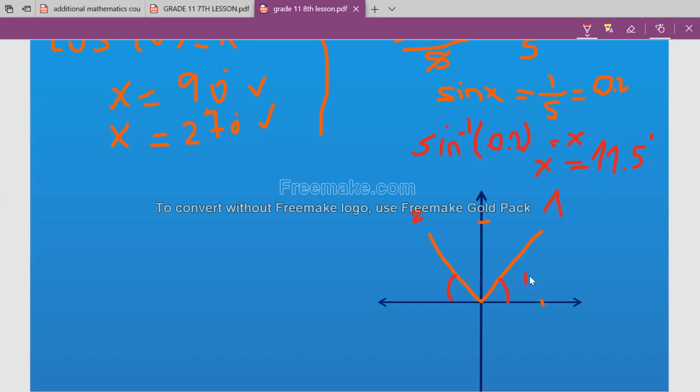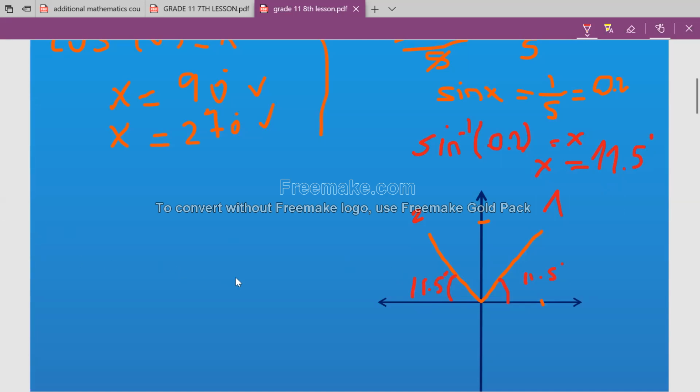To find second solution in a second quadrant, I told you you can use that acute angle they make with x-axis. It will be same, 11.5 degrees here.